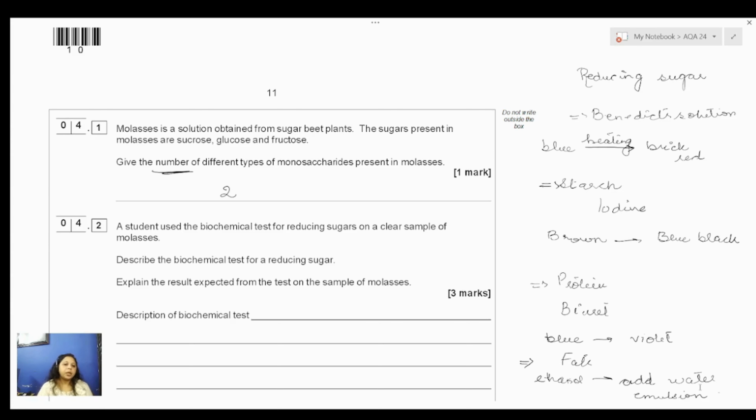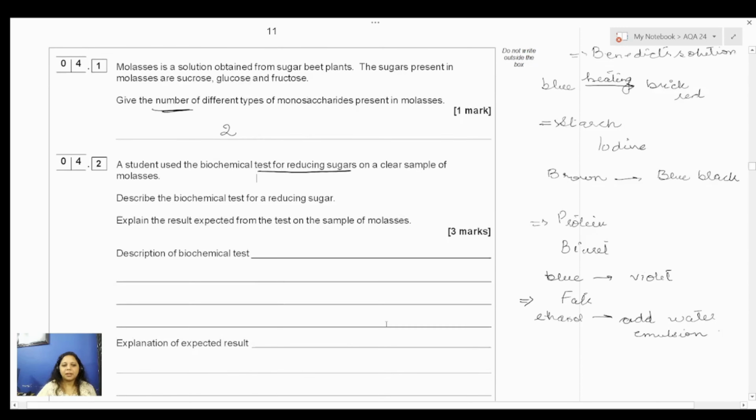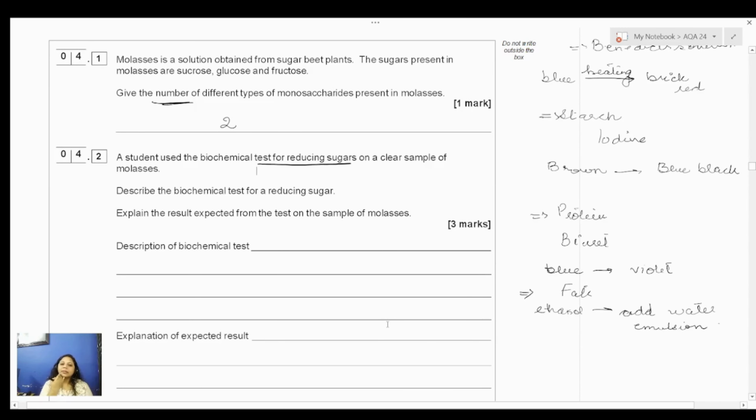Okay, so let's go for this. What is the test for reducing sugar? Benedict's. Explain this test. Don't just write the heating first.